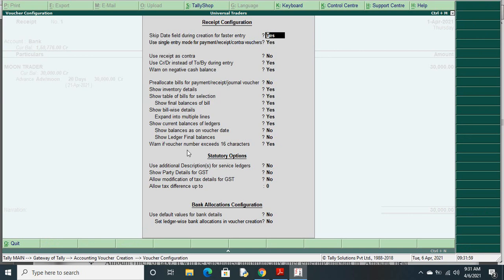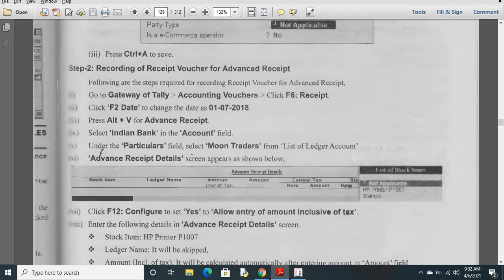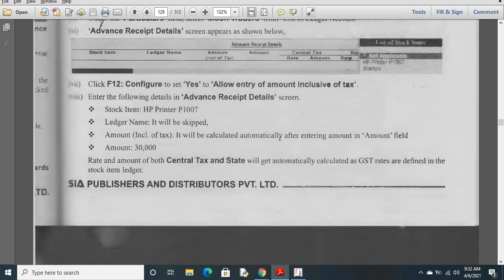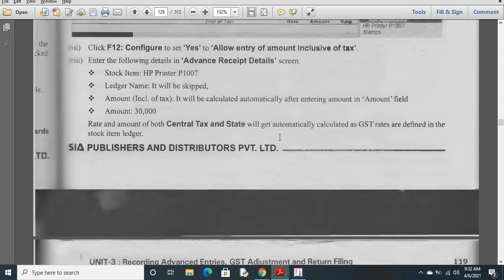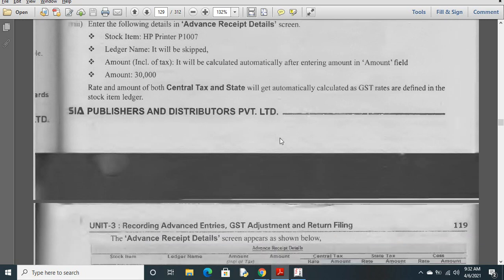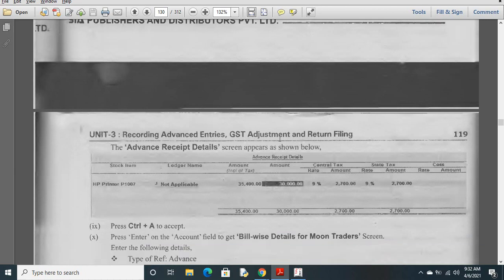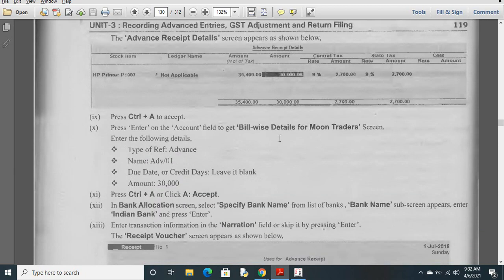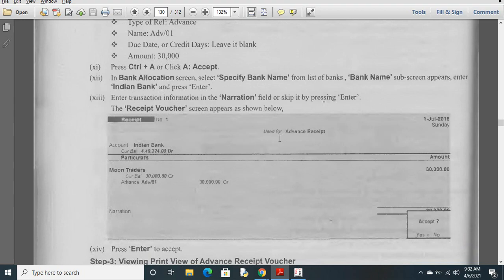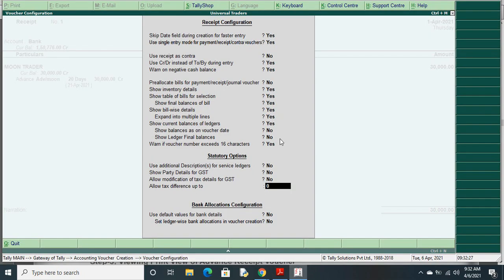Why is this option not coming? Okay, we'll see. Advance receipts details. Where is that option?